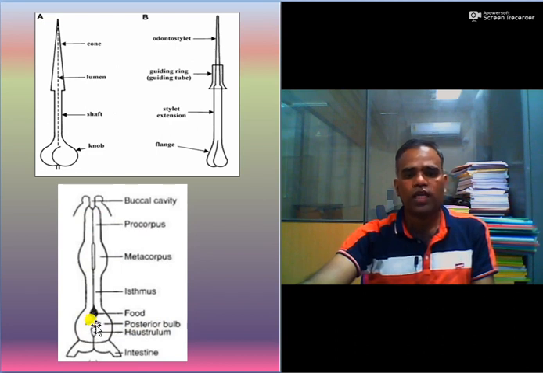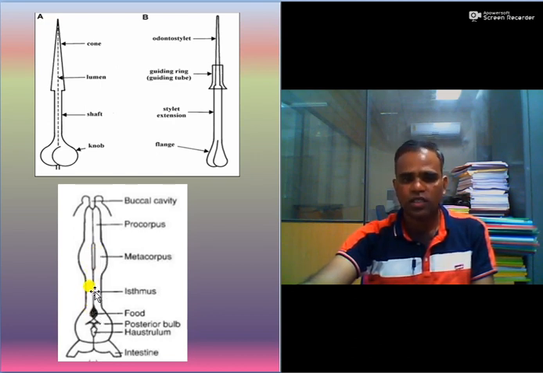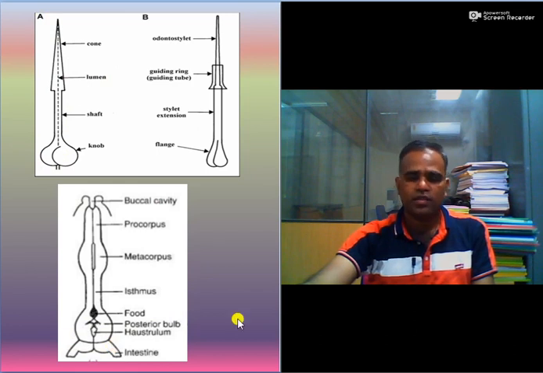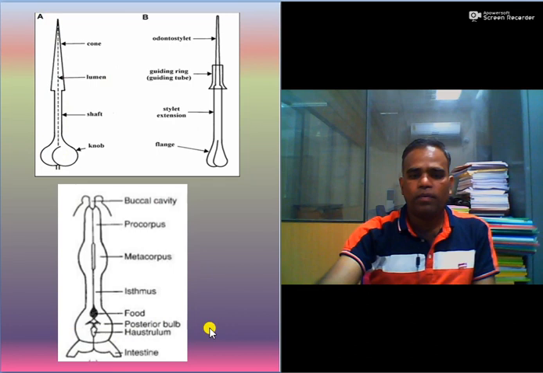Between the posterior bulb and the median bulb there is the isthmus where the nerve ring is present. So all this is about the esophagus. This is the buccal cavity where the stylets are present. The intestine starts from here, where the cardia or dorsoesophageal opening is present.